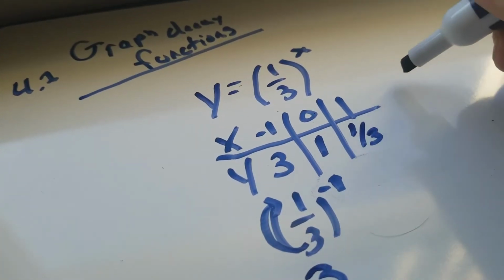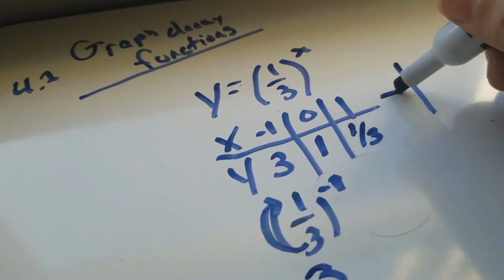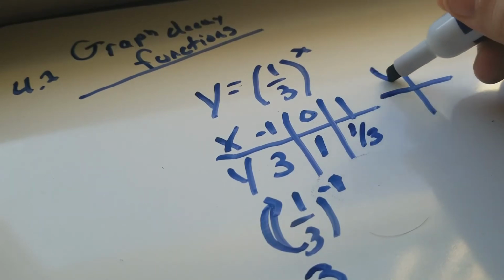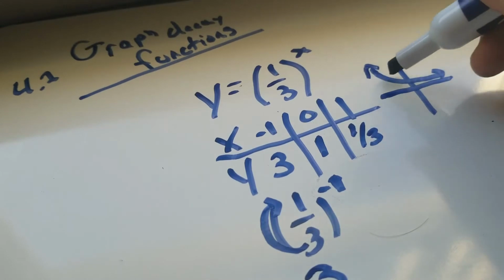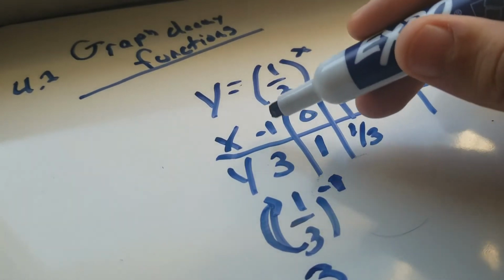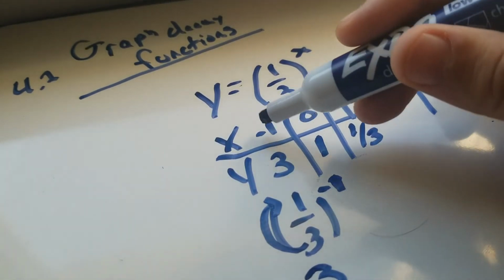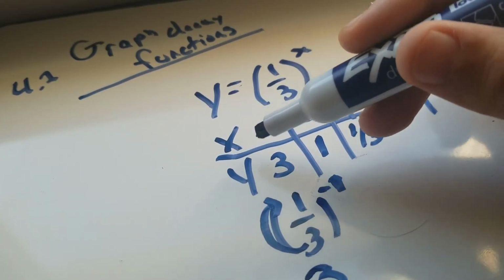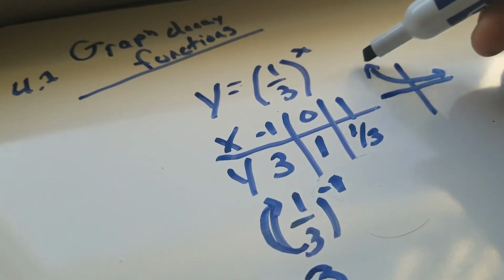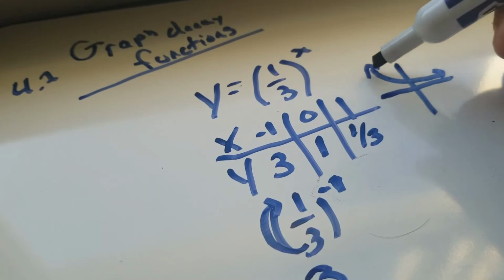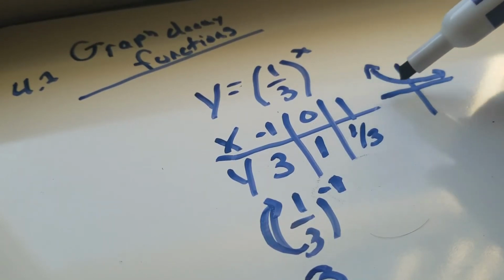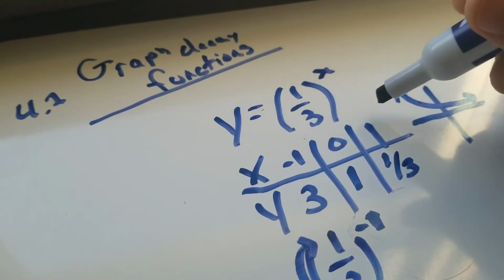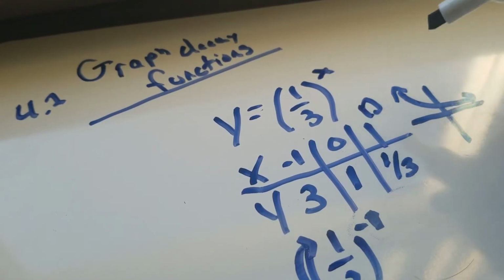So, what does that mean? That means the negative numbers give big numbers, because -2 would become 9 and -3 would become 27. So the negative x values are big, while the positive x values are small. This is a decay, so I'll put a little d next to decay.